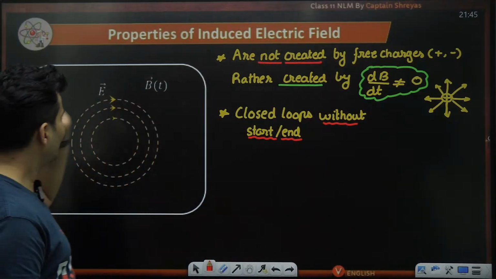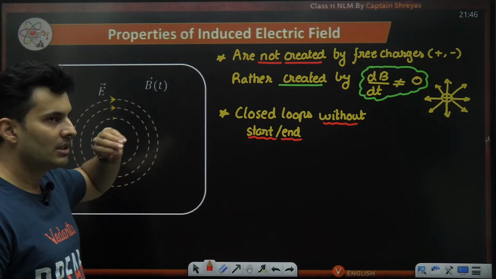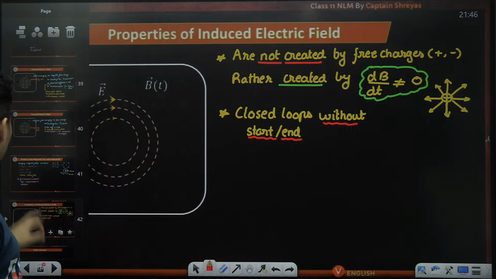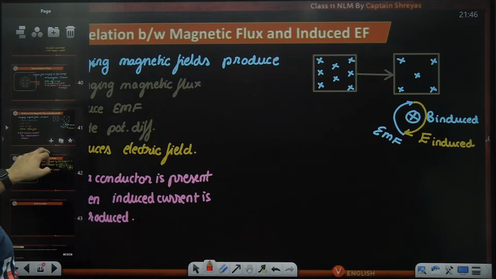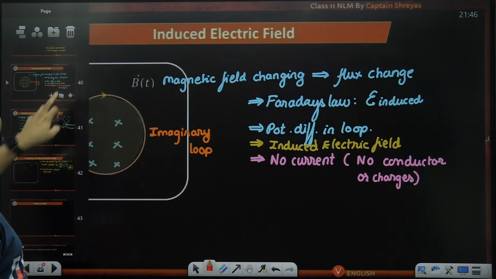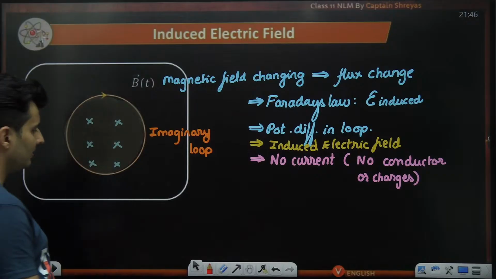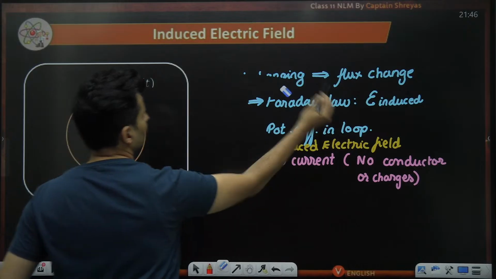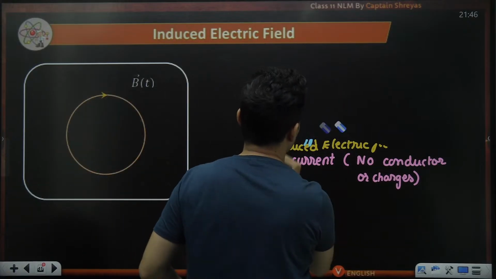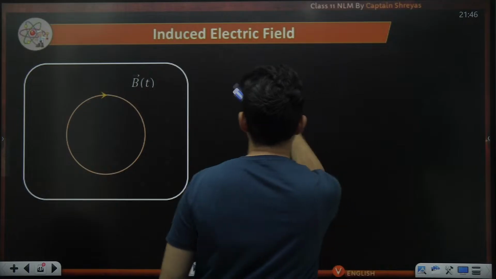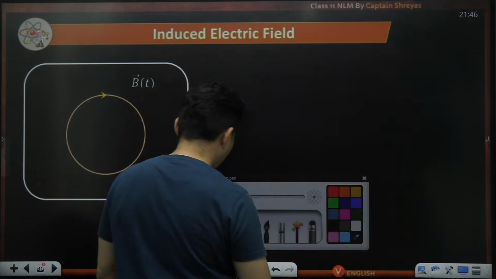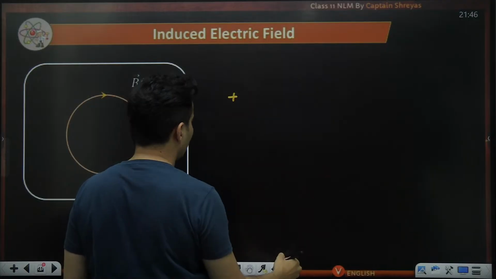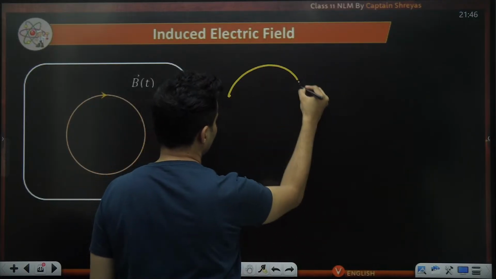All right. So, having said this, one more important thing which I want to talk about is this particular induced electric field. Imagine if I had an electric field which starts from a positive charge and goes to a negative charge like this.